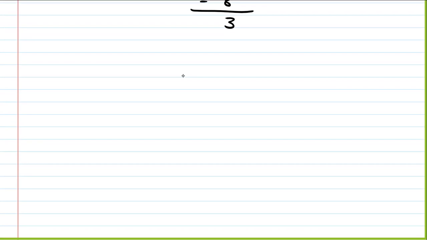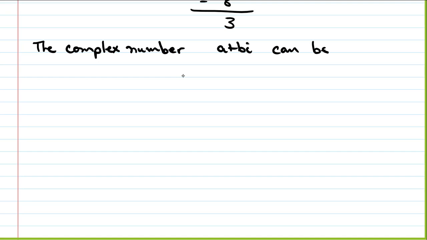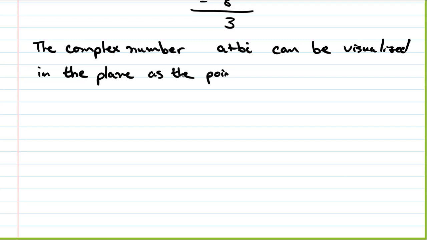So the complex number a plus bi can be visualized in the plane as the point (a, b).